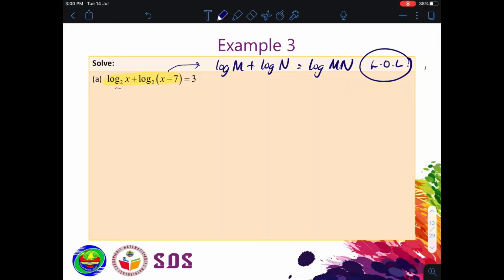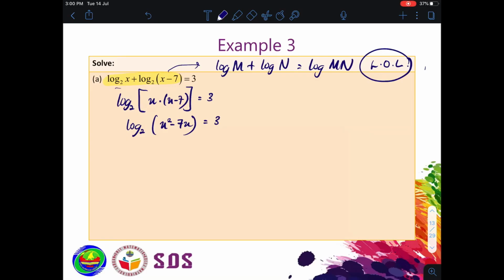So we're going to change this into log base 2 of the bracket x times (x minus 7). Therefore, it becomes log base 2 of x squared minus 7x equals 3.